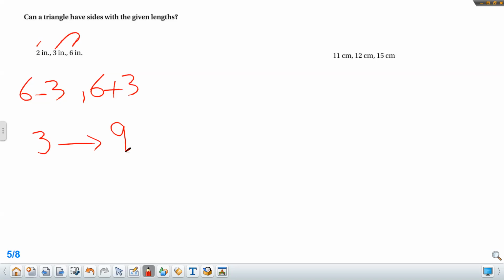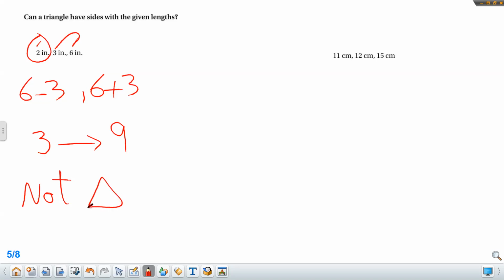So the third side may be 3.1, 4, 5, 6, 8, 8.9, any number between 3 and 9. But here the third side is 2. 2 is not included between them, so these sides don't form a triangle.